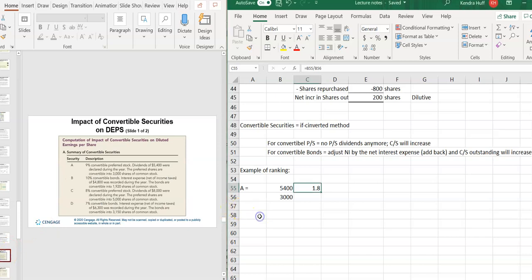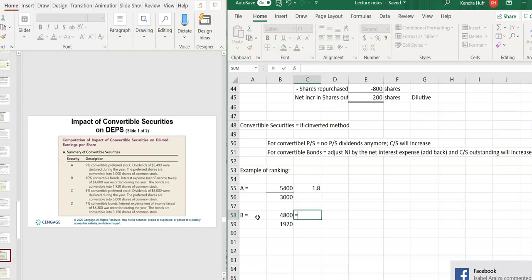All right, B. 10% convertible bonds. Interest expense, net of income taxes of $4,800 was recorded during the year. The bonds are convertible into 1,920 shares. So that's $2.50.